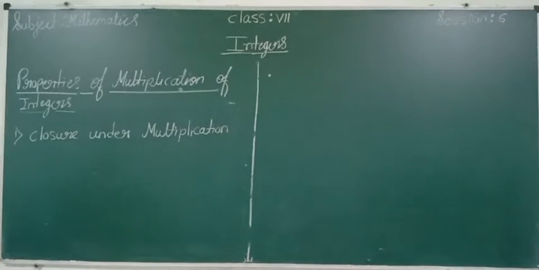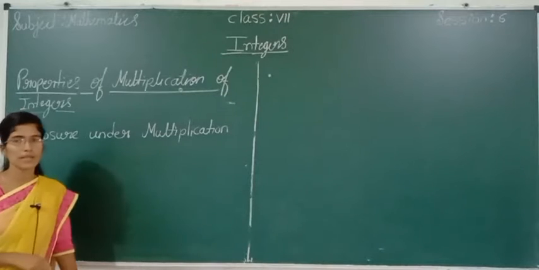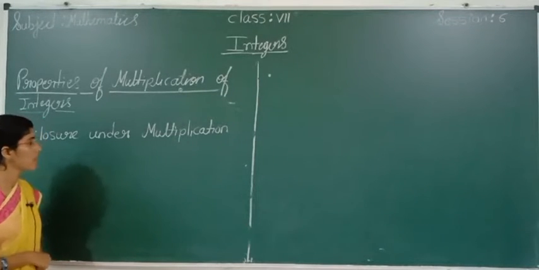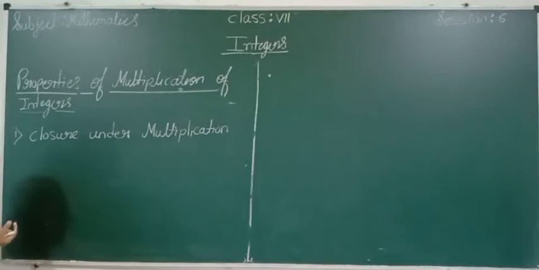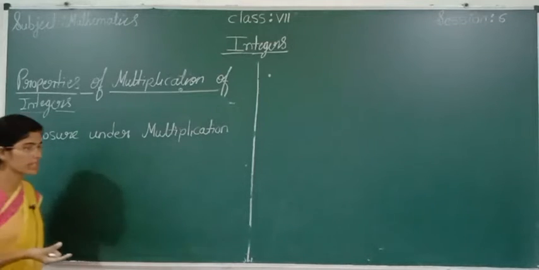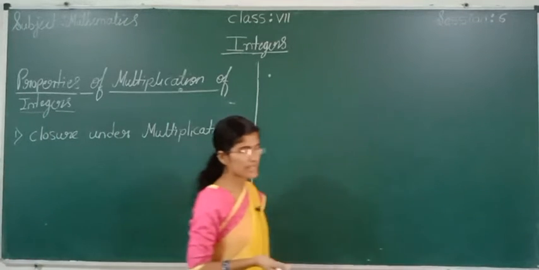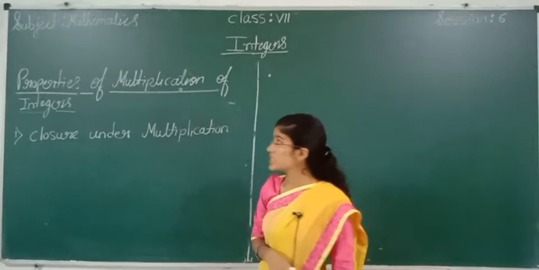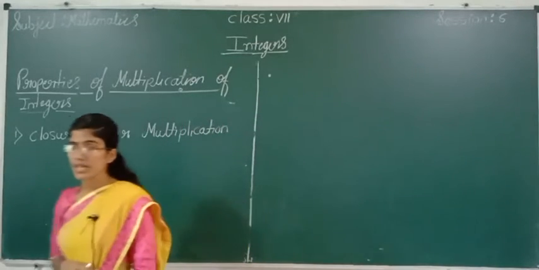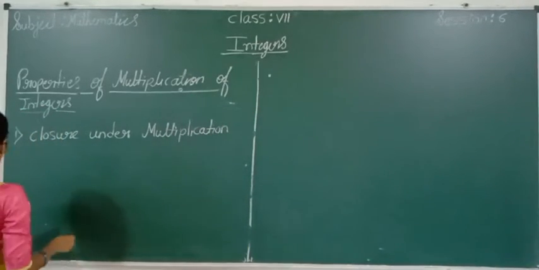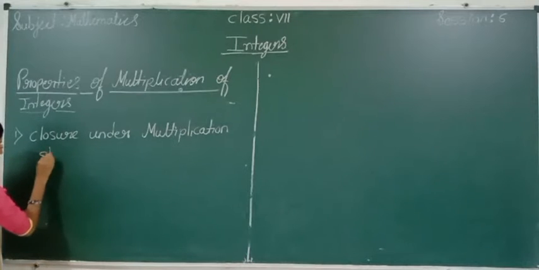Now we will see, students, properties of multiplication of integers. Now see here, if we multiply two integers, the answer will again be an integer. Are integers closed under multiplication? We will check it by taking some examples.